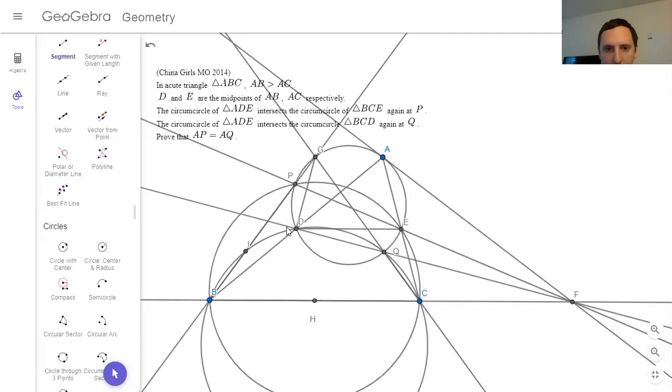So we want to show GDE minus PGD is GED minus QGE. Let me think about this for a sec.